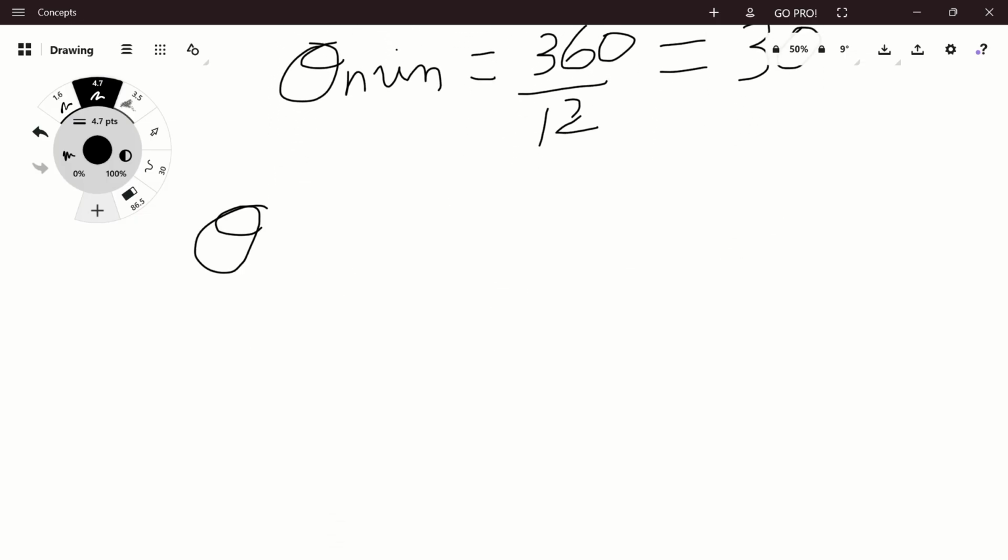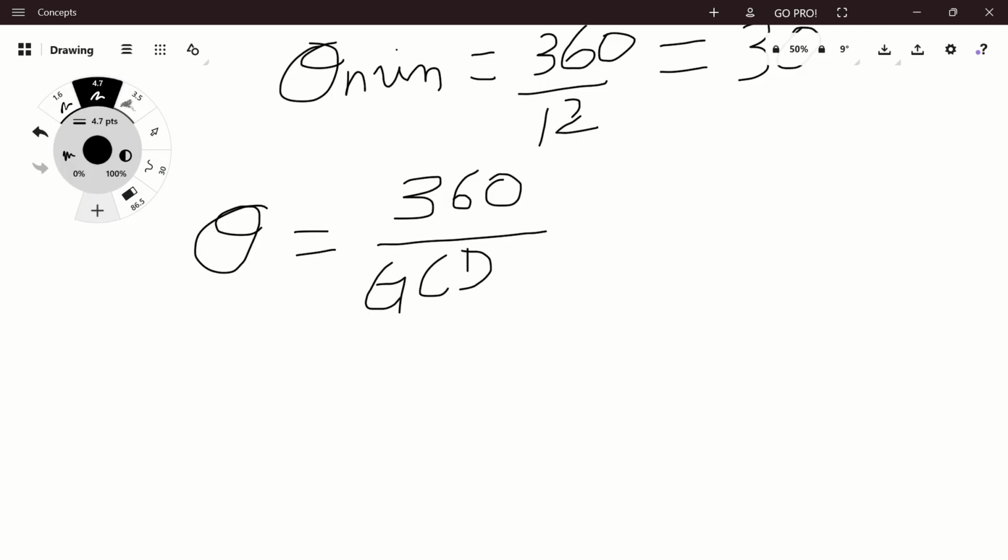The angle theta is equal to 360 upon GCD of n and k.